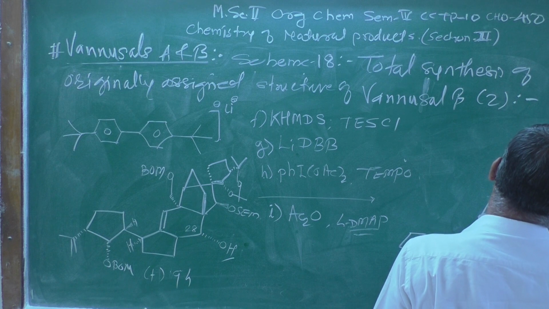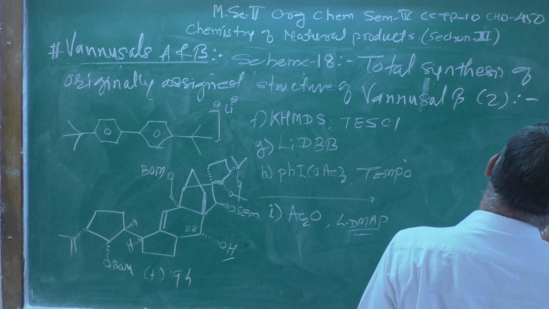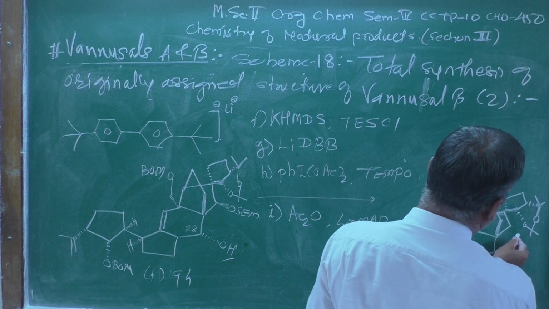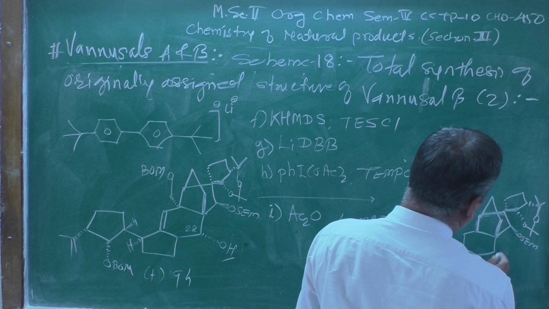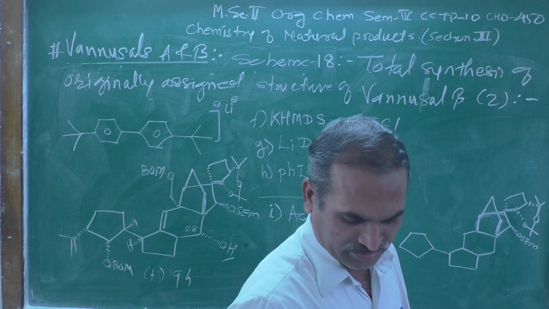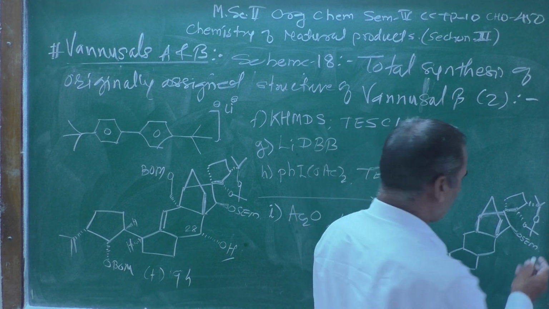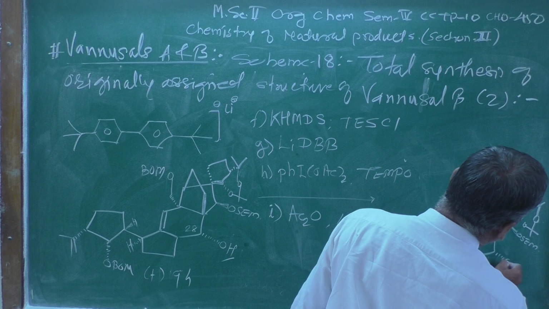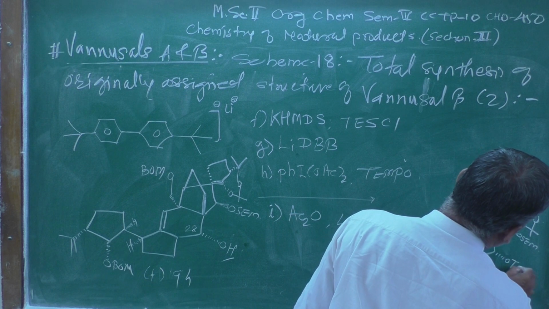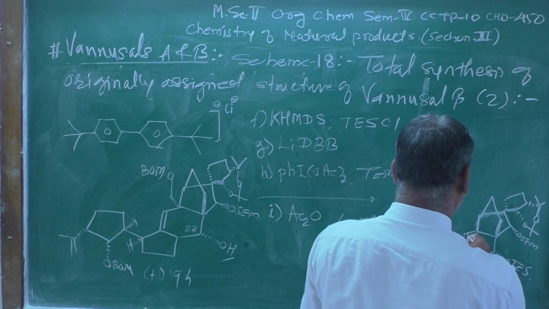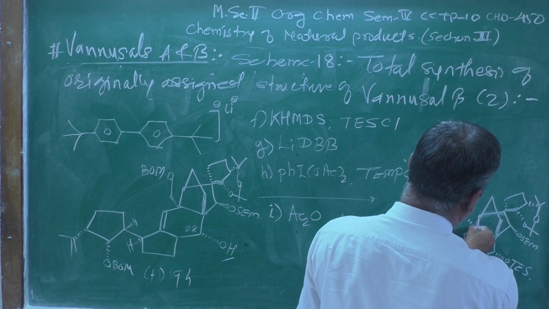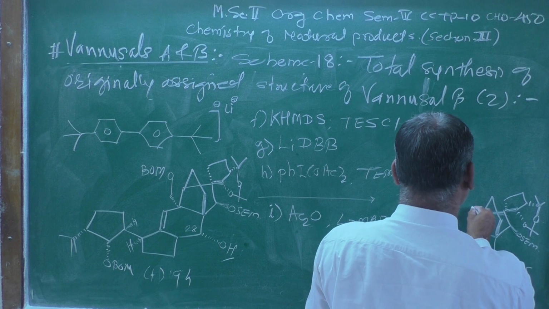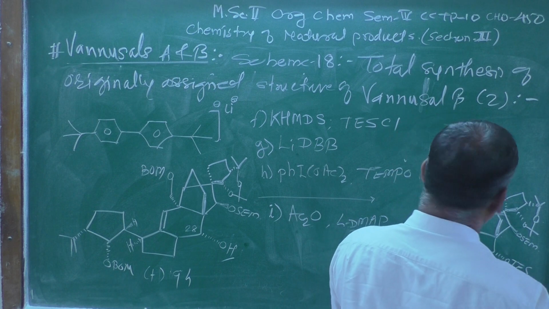This is the isopropylidene group that is protected, and here is an OAc, same group. At this position there is an OTs, also protected, and here is a double bond contained in ring number 6, which contains the aldehyde group.